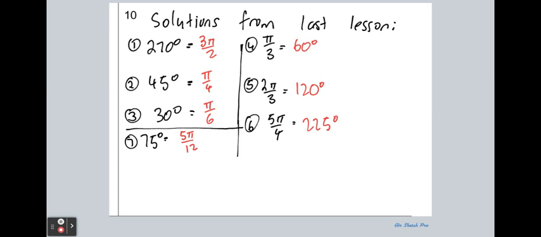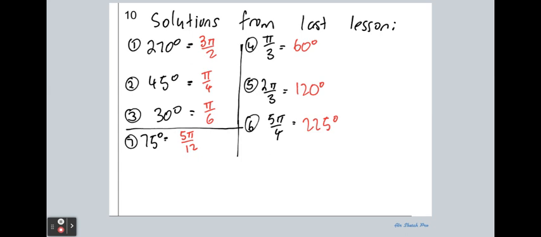Each of those problems there, questions 1, 2, and 3, are very common. So 1, 2, 3, and 4 are really common. They're so common that by the end of this course, I'm confident that you will know the radians and degree measures of those things without too much effort at all. You'll have them to memory because we come across them a lot.